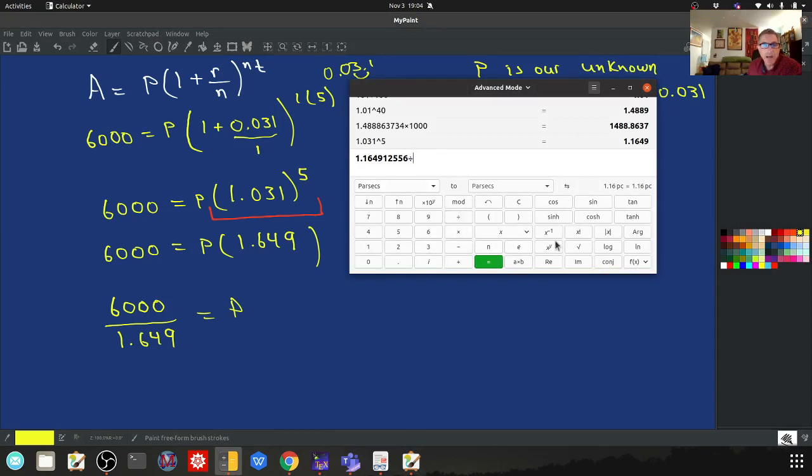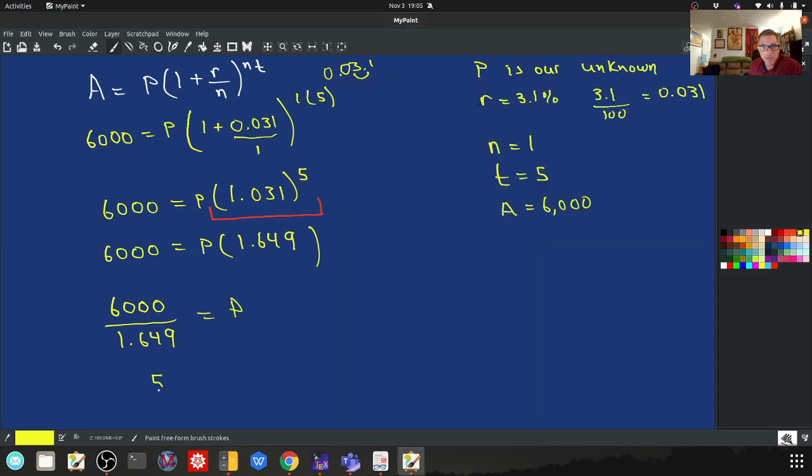I'm going to divide it by 6,000. And that's not going to be the right answer because I'm supposed to be dividing 6,000 by this number. But I'm going to do it anyway. And then see right here where it says x to the minus 1, or sometimes your calculator might have 1 over x. I'm going to hit that value and hit equals. And that gives me the answer, what was it?